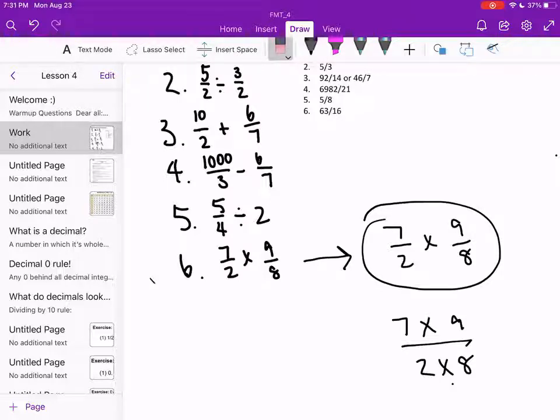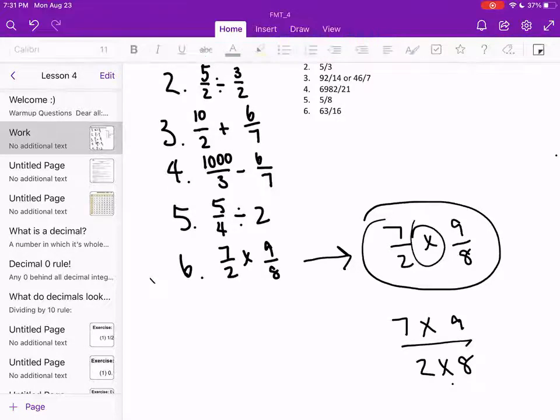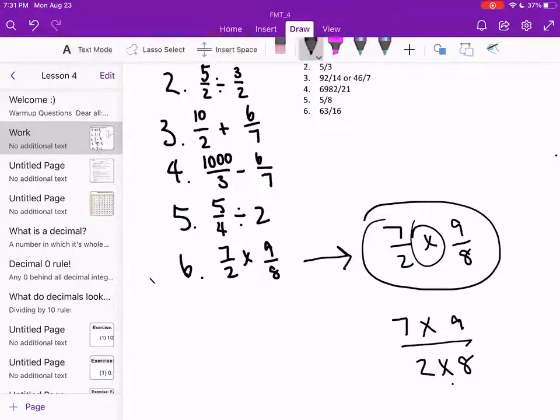Yeah. Actually, no, you don't, right? So for multiplication and division, you can just go through with this. You don't have to change the denominators or the numerators for that matter. But when you're adding and subtracting, you want to make sure that the denominators are the same.